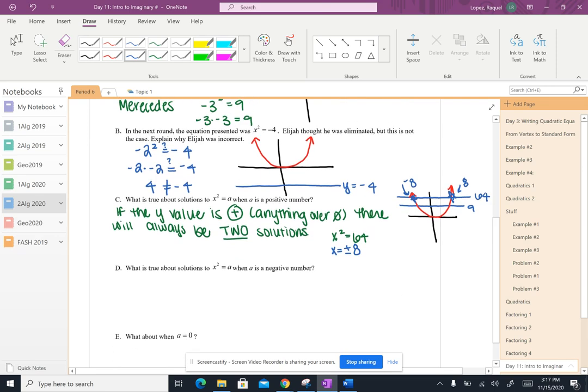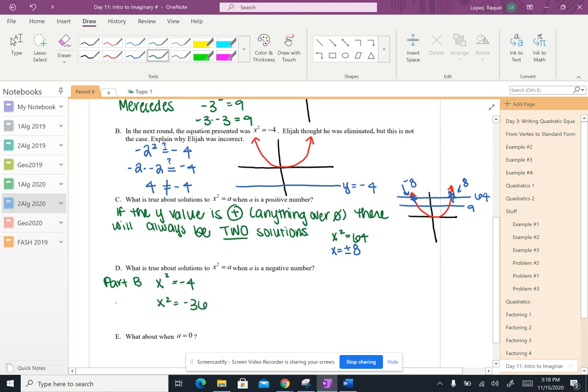Then in part D, what's true about solutions to x squared equals a when a is a negative number? That's a lot like part B, where we had questions like x squared equals negative 4. Another example would be x squared equals negative 36.